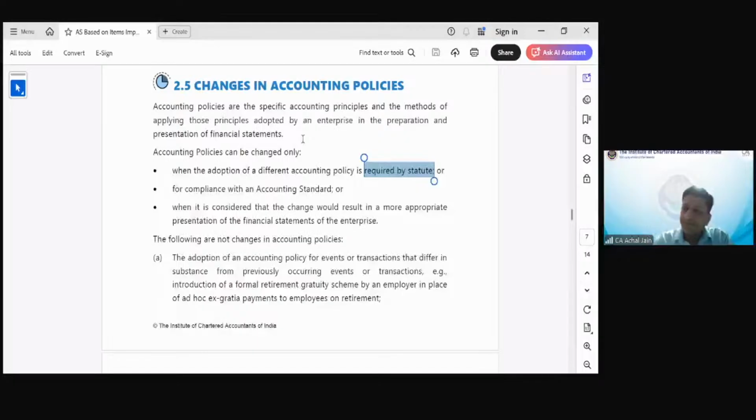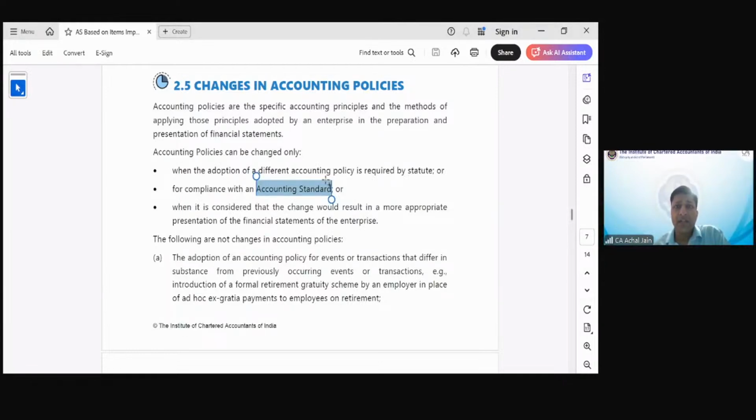So now, if we look at this first situation or the second situation, will that be optional on the part of the company? Answer is no. This will be a mandatory requirement. Why?